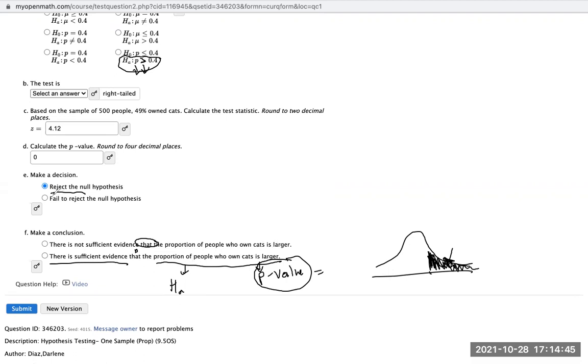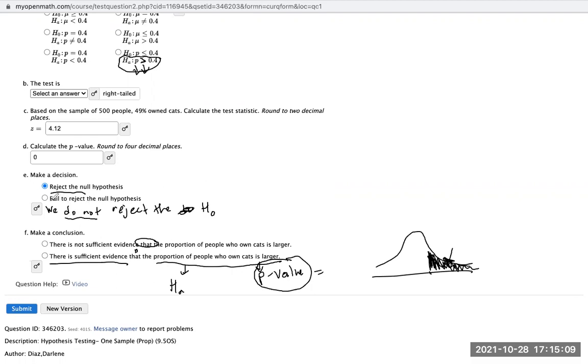It will also help you if you don't write fail. Another way to say fail is to say we do not reject the null hypothesis, H sub 0.